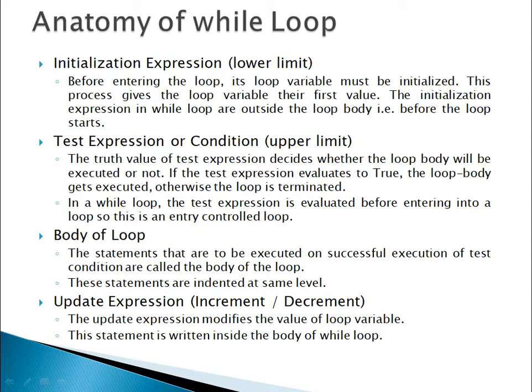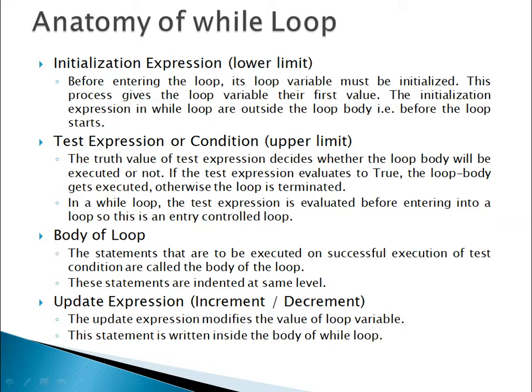So before entering the loop, its loop variable must be given an initial value, its first value from where it will start. I have told you that the first thing in a loop will be initial value. So the initialization expression in while loop is outside the loop body, that is before the loop starts.